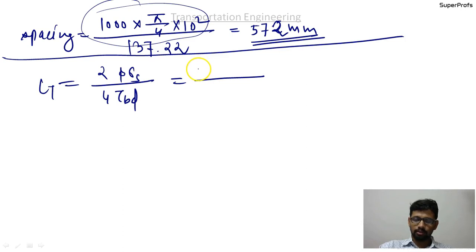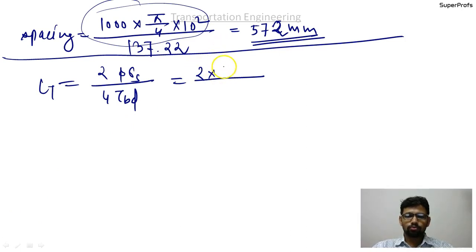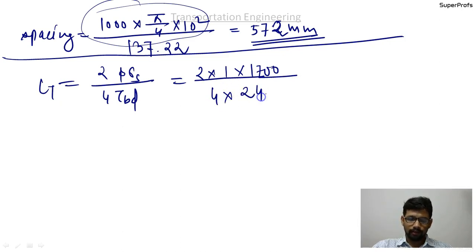So it comes out to be 2 into diameter of rod in centimeter, 10 mm is 1 centimeter, into sigma S value, which is 1700 kg per centimeter square, upon 4 into tau BD, which is 24.6, which comes out to be 34.5 centimeters.